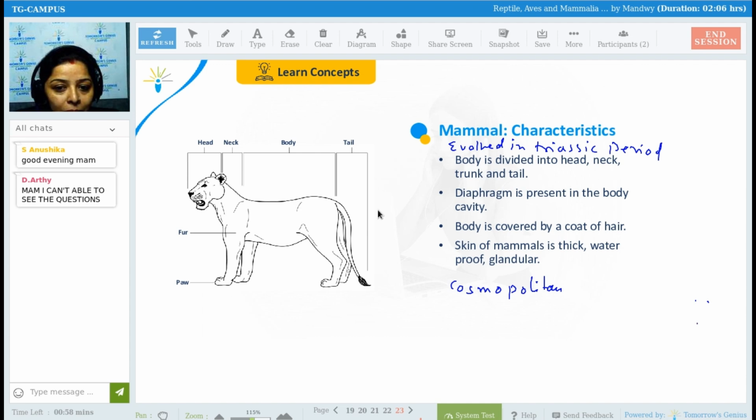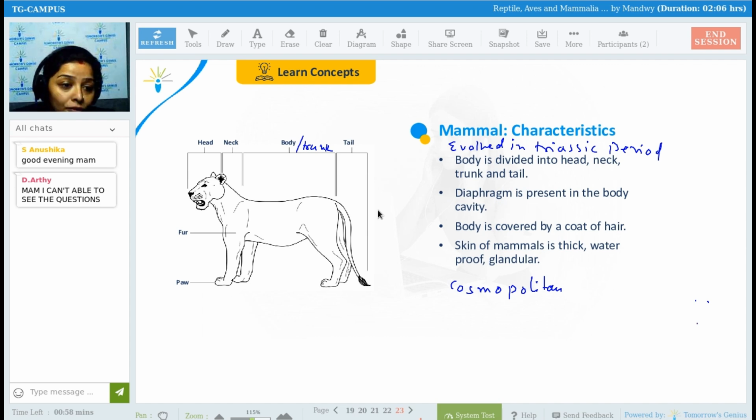The overall body of the mammals, as you can see in the image, is divided into head, neck, body or trunk, and tail. They have a unique feature, the diaphragm. The diaphragm is present in the thoracic or body cavity for respiration, inhalation and exhalation.